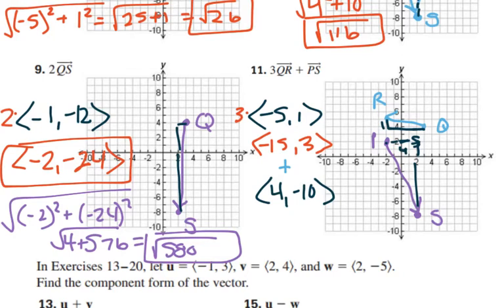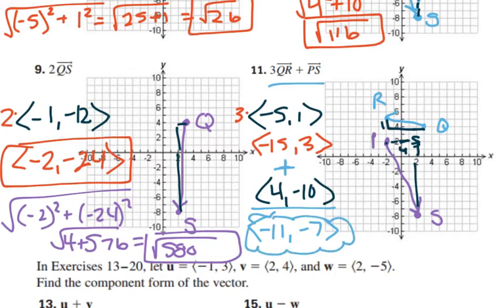And so together, putting those in addition, we're going to get negative 11 and negative 7. That's the component form of this together. And then, of course, the magnitude is going to be the two values squared and added together and square rooted. So 11 squared is 121 plus 49 from 7 squared, so it's the square root of 170.